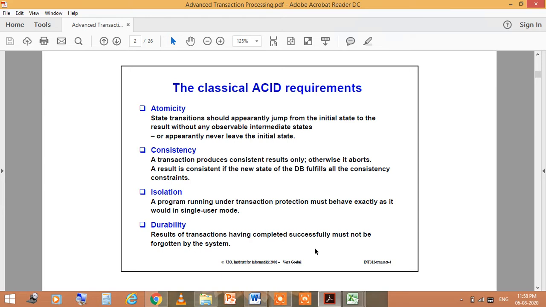Of course, in single user mode, the transaction protection should be very effective. Next is durability. Durability means results of transactions having completed successfully must not be forgotten by the system. So this comes under durability.